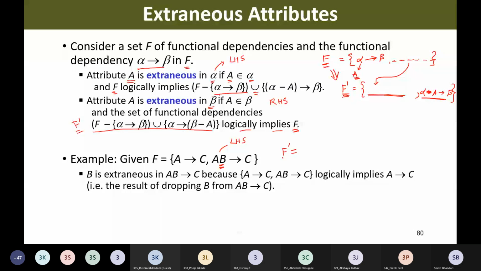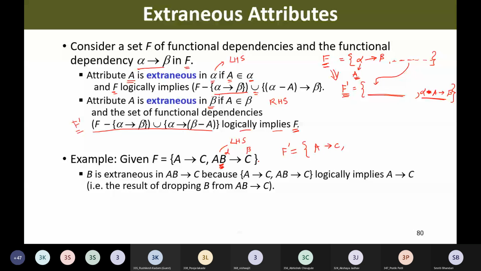So simply what I am going to do is I am testing for this B. So simply I will be omitting this B from my functional dependency, and whatever remains, I will be having now, after omitting this B from this dependency, A to C, right?